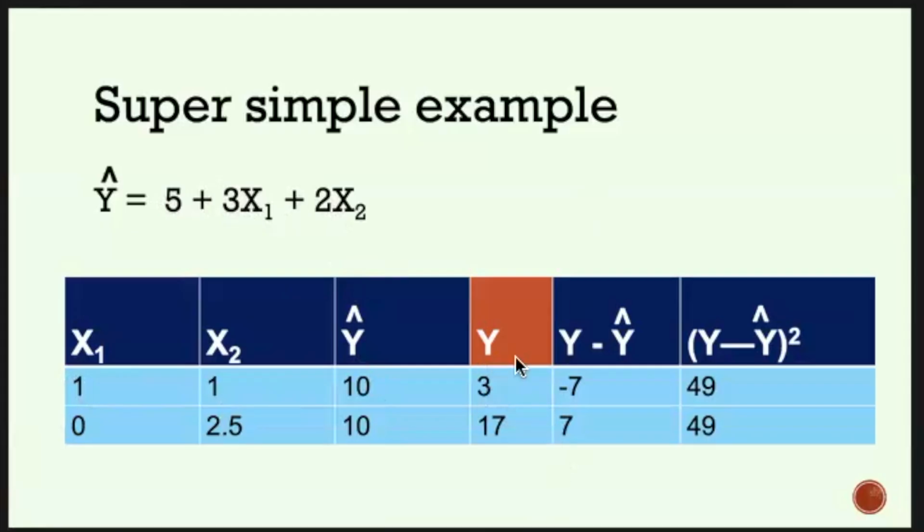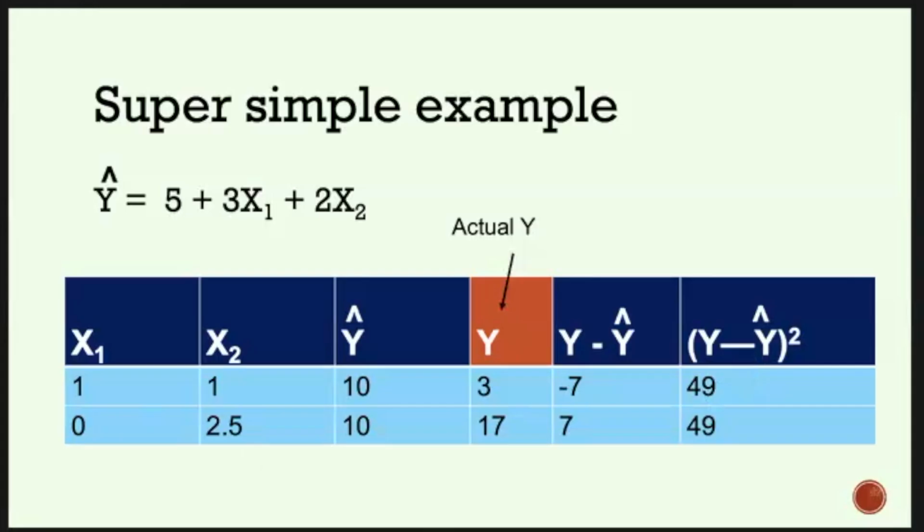And the actual y in this case is 3. So our actual y minus our predicted y is -7, and you square that difference between the actual and predicted, and you get 49.